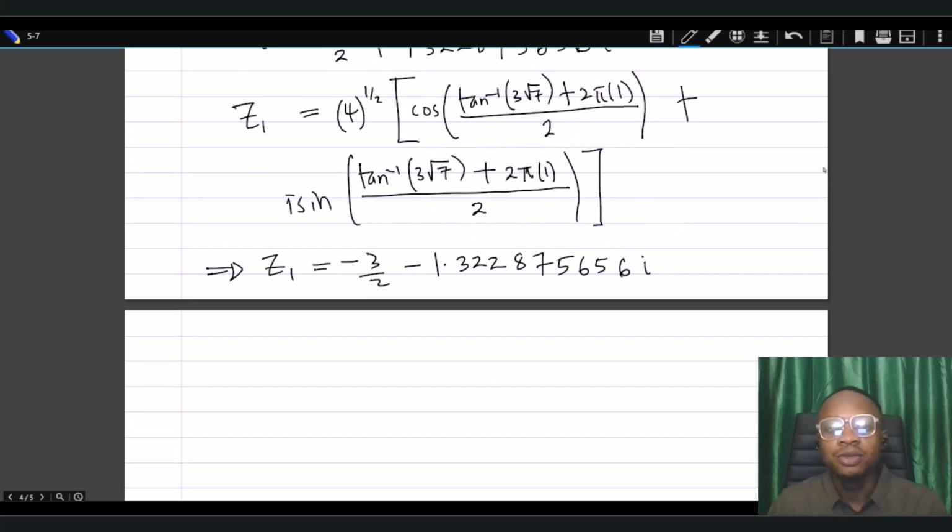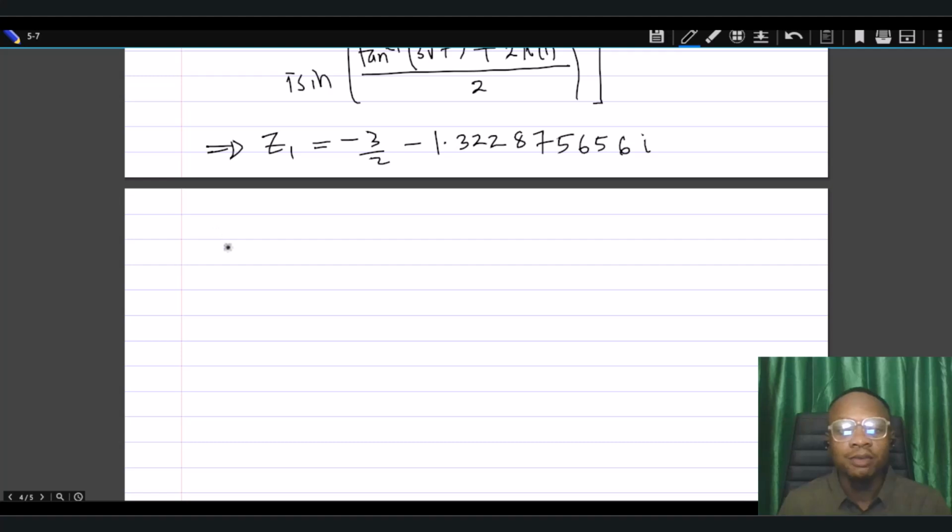I'm going to write that as z star 0, just to avoid mixing it up with z0 that we have up there, and I don't want to use z3 so that we don't erroneously use k equal to 3 in the expression. Now if we use k equal to 3 we'll get the correct result still. You can try that out, but I don't want to cause confusion. That's why I just want to use z star here.